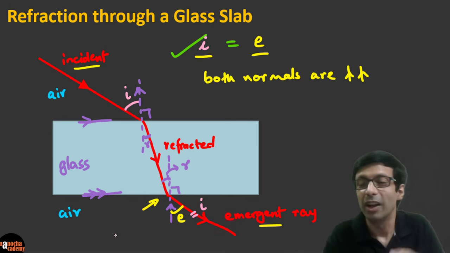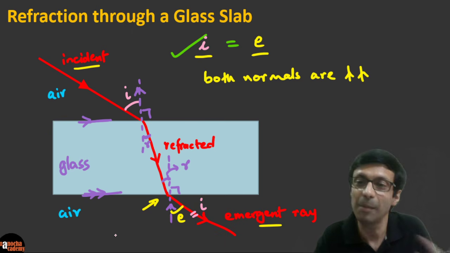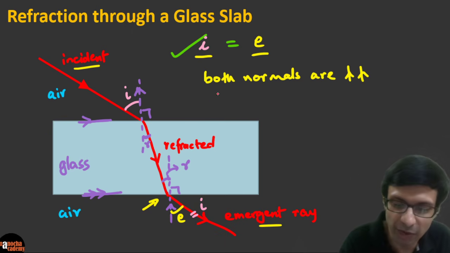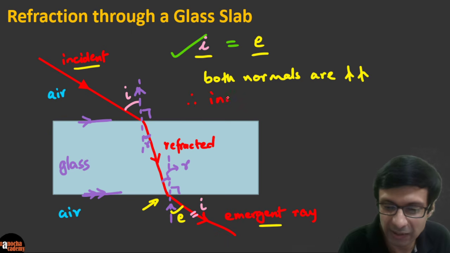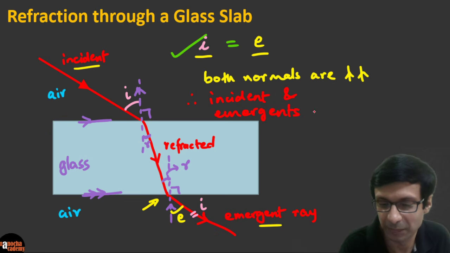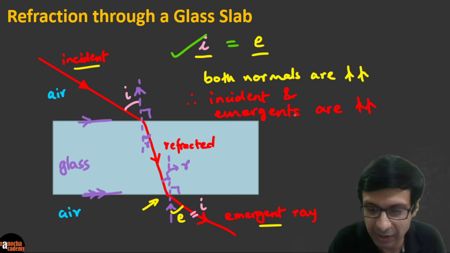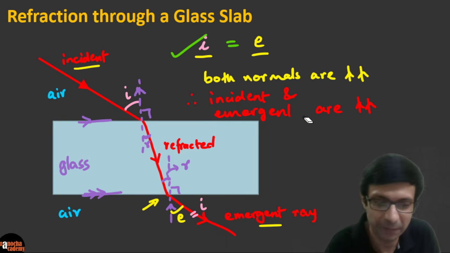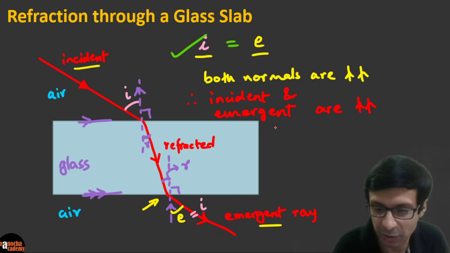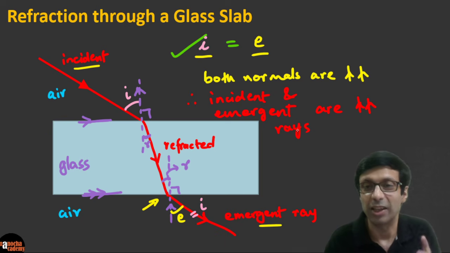So therefore, if two lines make the same angle with parallel lines, we can say that the incident and emergent rays are parallel. So this is a very important concept, that the incident ray and emergent ray are parallel here. So let me write that. Okay, so that's very important.